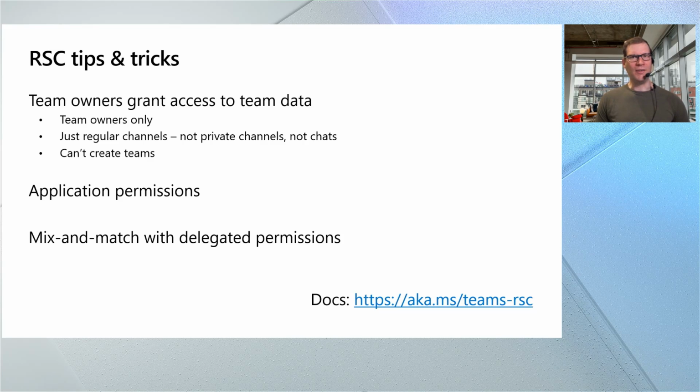Second thing to keep in mind is application permissions. You're working with application permissions rather than delegated permissions, meaning that when you do an API call, Graph has no idea what user you're doing that on behalf of, or if you're doing that on behalf of a user. And that can be a good thing or a bad thing, and you should think about what the right thing is for your scenario. So in our earlier example, we showed creating a channel.